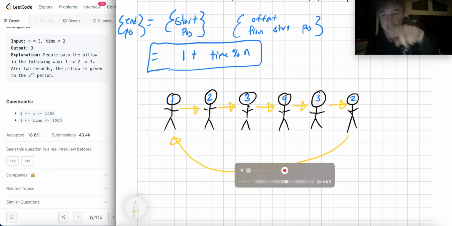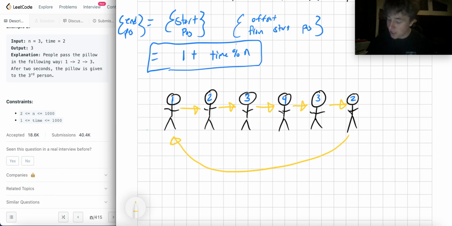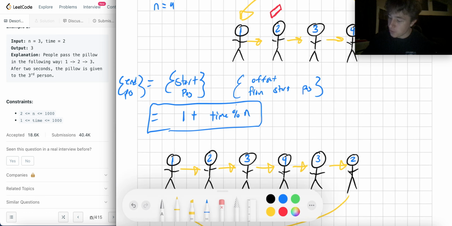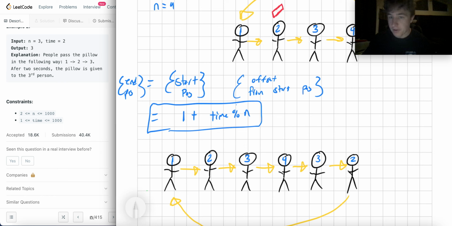See, so this system still matches the initial problem. In the initial problem, it went from 1 to 2 to 3 to 4, back to 3, back to 2, back to 1, to 2 to 3 to 4 and so on and so forth. And that's the same thing here.